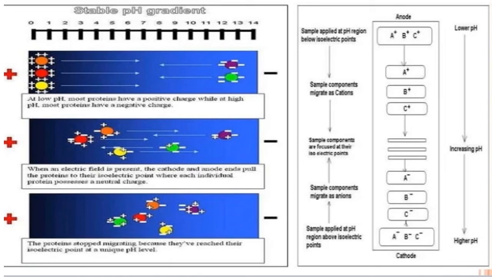Once it is moving as cations, it will be moving towards the cathode. Once it reaches the isoelectric point, the movement will stop.